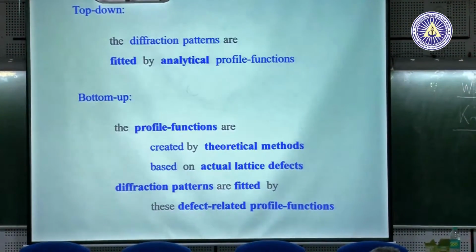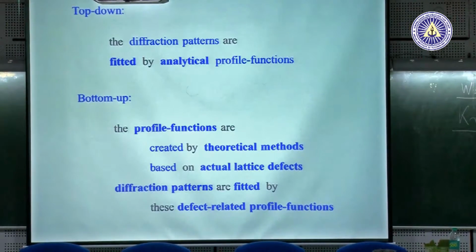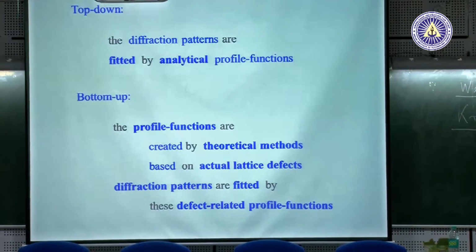Okay, so the bottom up means that you go down to the objects, which on the one hand are the dislocations. They are the coherently scattering domains, which in more realistic terms are either the grain size or the subgrain size.